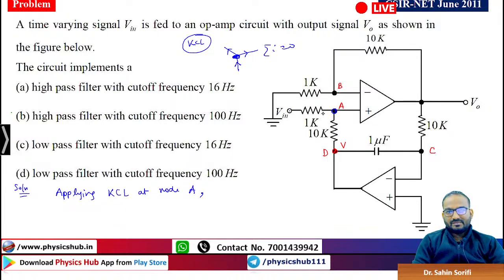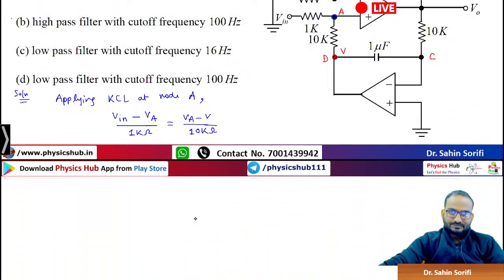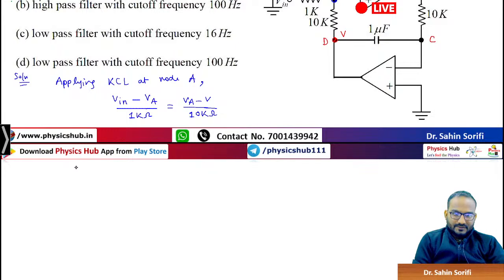Look, you can write (Vin minus Va) divided by 1 kilo ohm equals (Va minus V) by 10 kilo ohm. Can you write? If I take Va common, it is 1 plus 1 by 10.